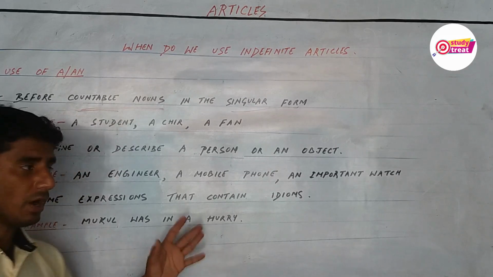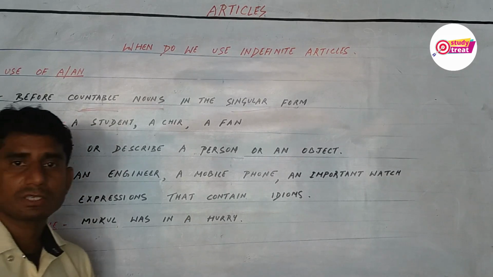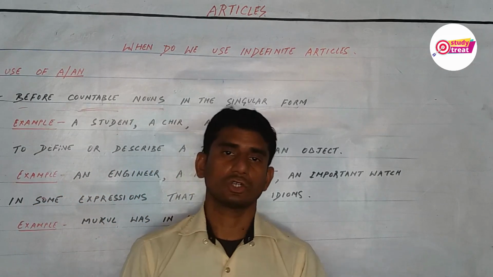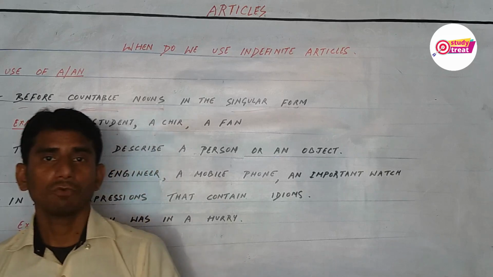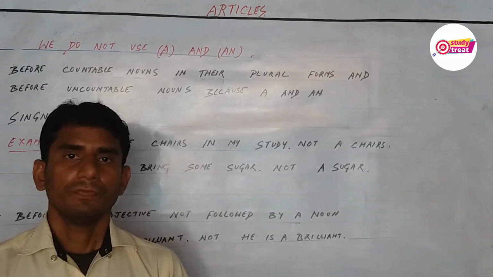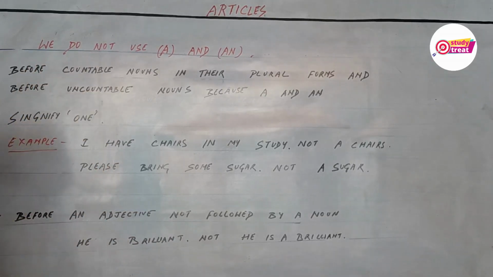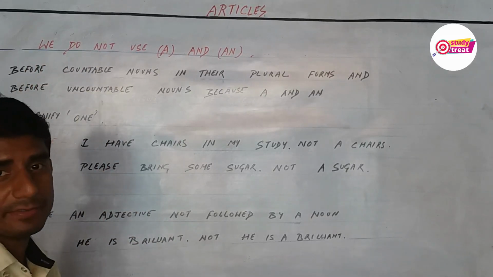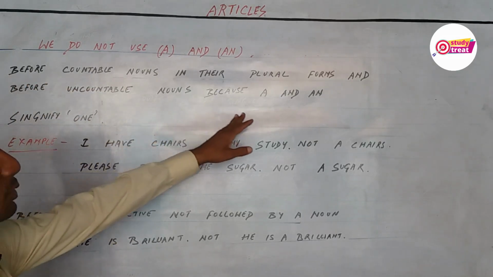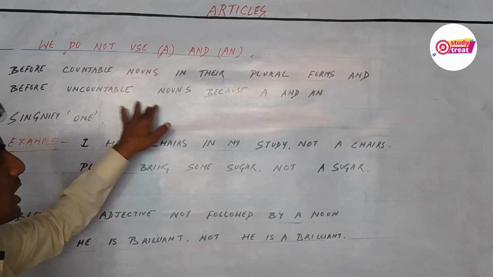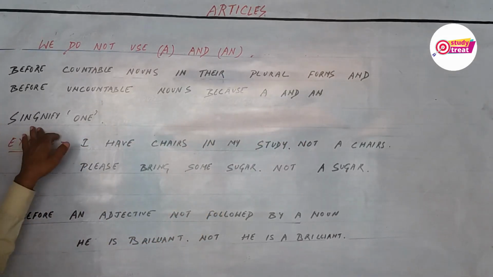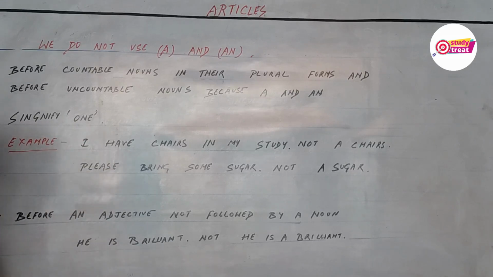Now I'm going to give you some examples where articles are not used, where we don't use a or an. We do not use a and an before countable nouns in their plural form and before uncountable nouns, because a and an signify one.